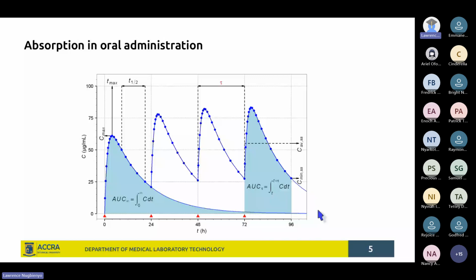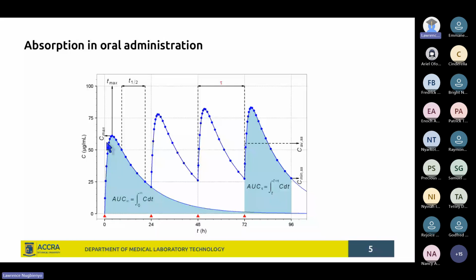Now, what does this tell us? When you take in a drug through oral administration and the drug begins to get absorbed into the bloodstream, the concentration will be increasing. And as the concentration increases, it gets to a point, the maximum.